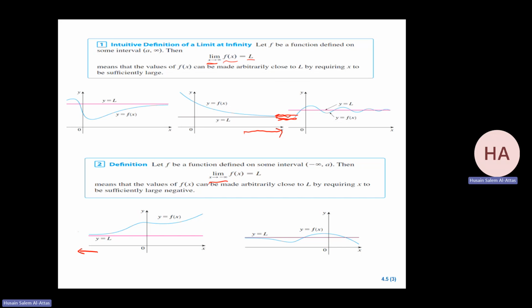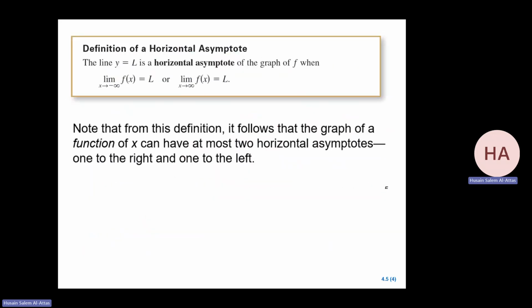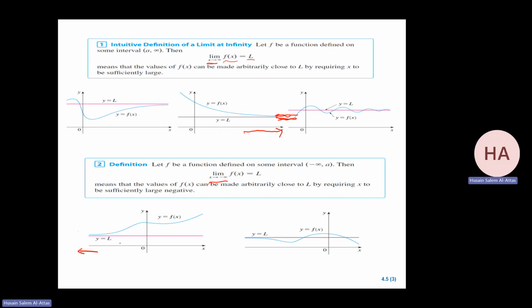Now first we define what are called horizontal asymptotes. What do I mean by a horizontal asymptote? If x goes to minus infinity and the function gets closer and closer to L, we say y equals L is a horizontal asymptote. In all of these 5 graphs, y equals L is a horizontal asymptote.